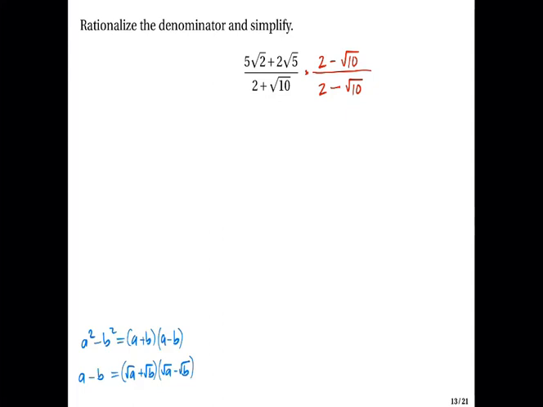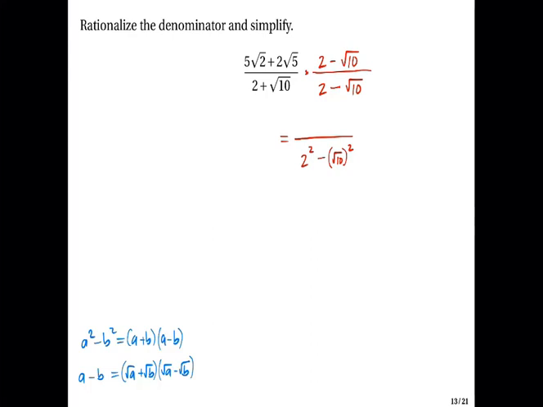And doing this means the denominator here, it becomes what? Applying this identity to this. So you have 2 plus square root of 10 times 2 minus square root of 10. That becomes 2 squared minus quantity square root of 10 squared. That's this guy here.